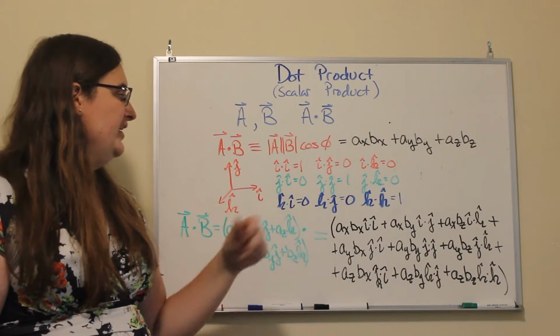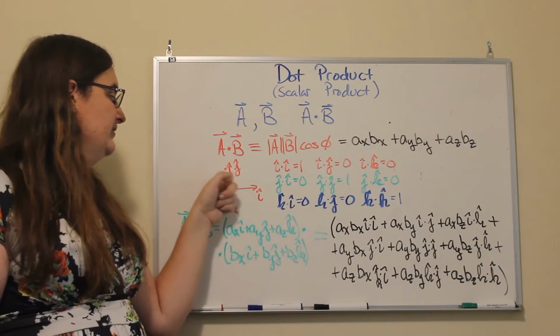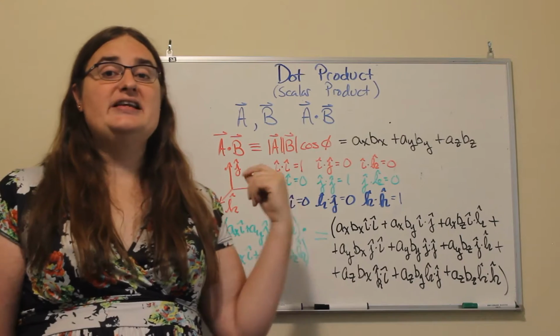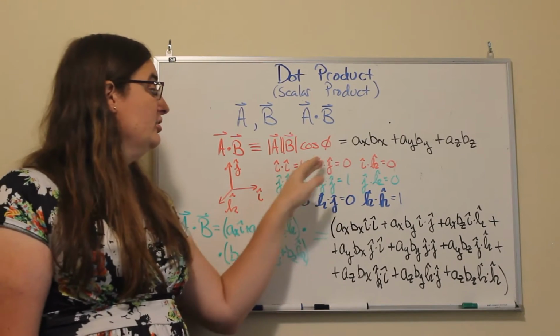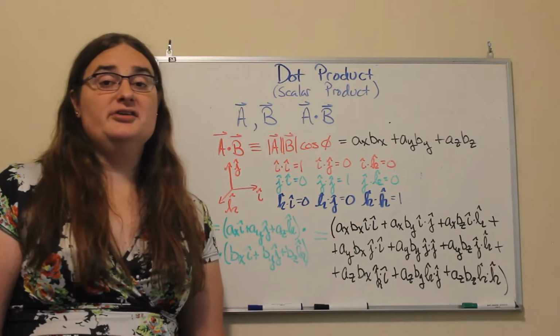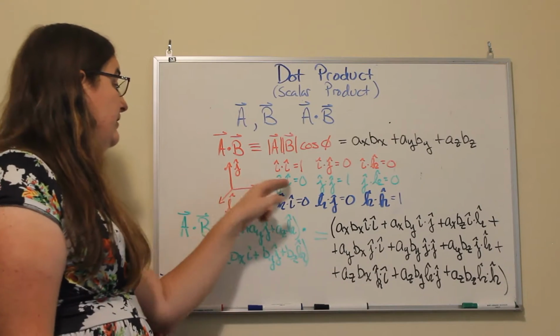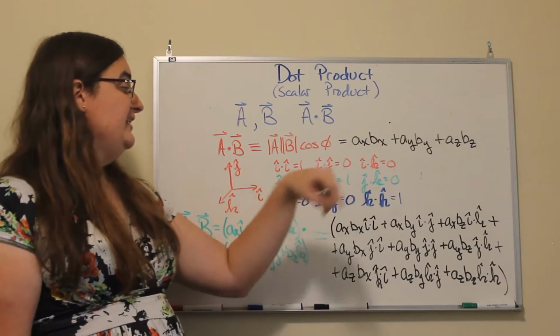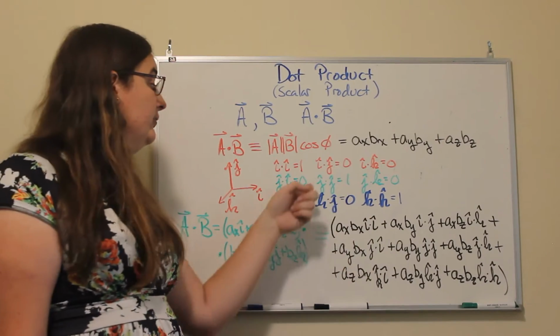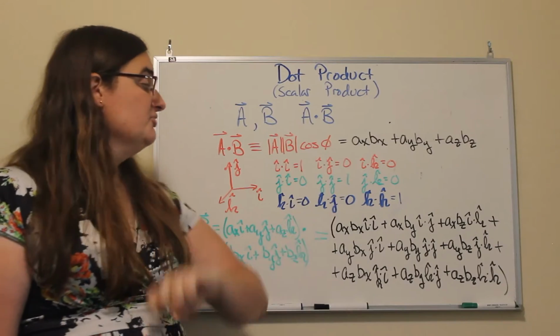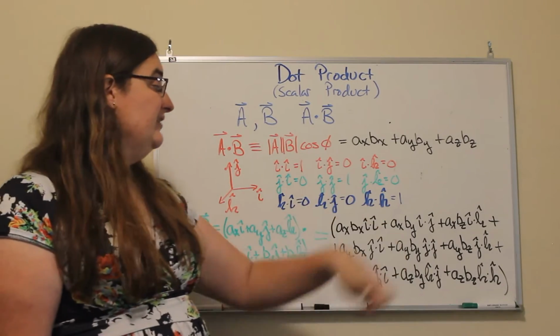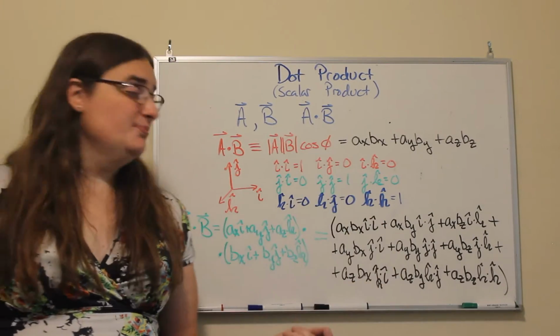For i dot j and i dot k, the other Cartesian axes are at a 90-degree angle to each other, so the dot products are going to be 0. Now, if I take j dot i or j dot k, again I get 0. But the y-axis, j hat dotted with itself, gives me 1, and k hat dotted with k hat also gives me 1.